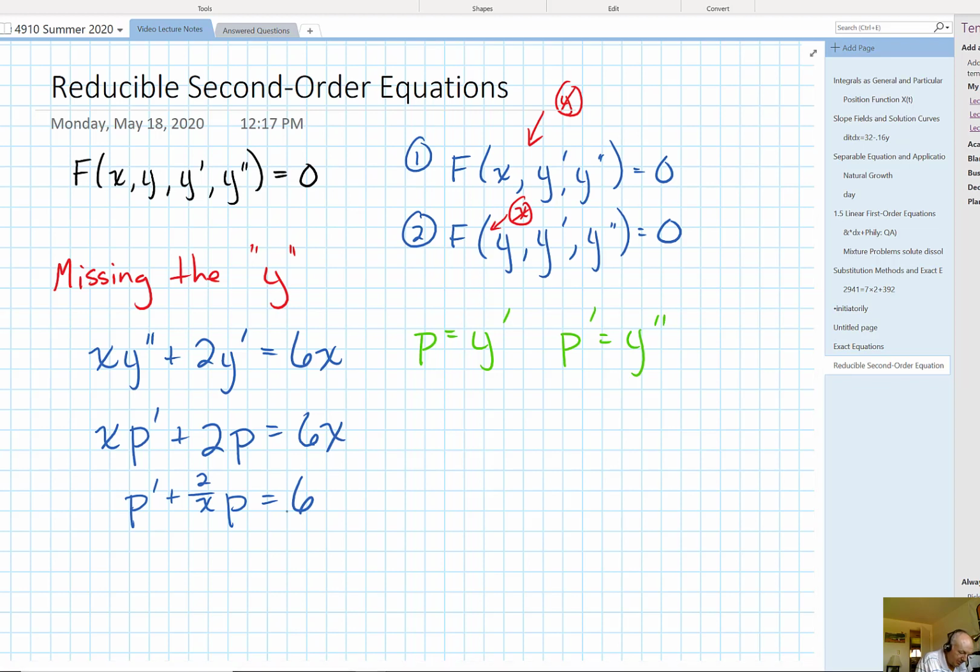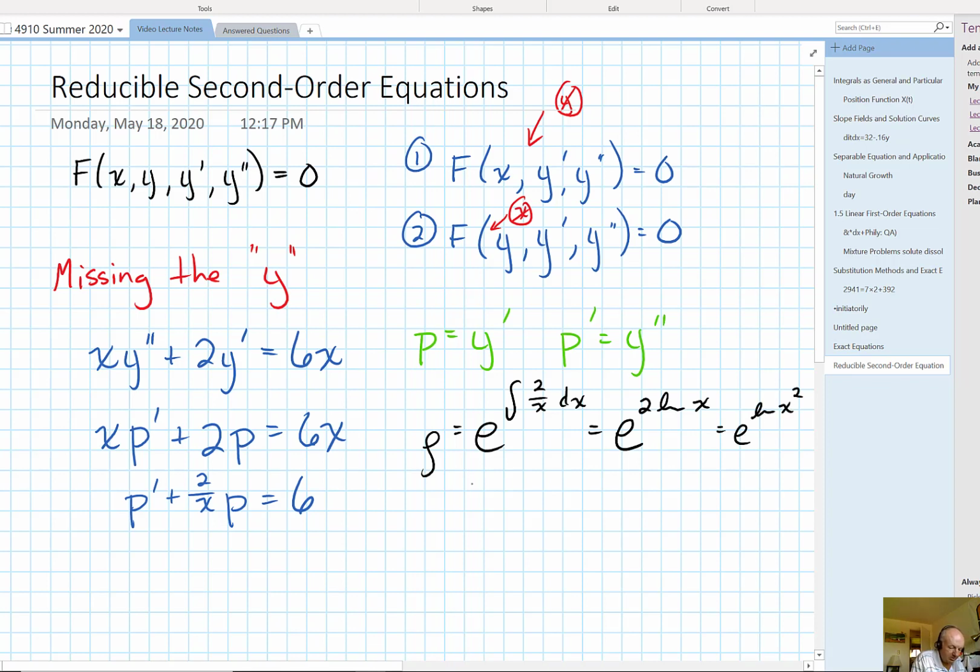And that is exactly the form that we need for an integrating factor. So our integrating factor, rho, is equal to e raised to the integral of 2 over x dx, which turns into e raised to 2 times the integral of dx over x, that's ln of x, which turns into e to the ln of x squared, just adding that extra step so we can remember, which turns into x squared.